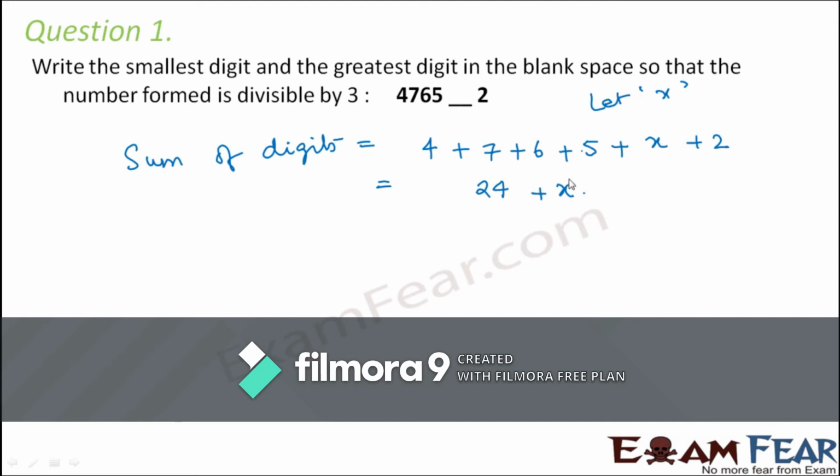Now, only if this sum of the digits is divisible by 3 will this number be divisible by 3. That is our divisibility rule of 3.